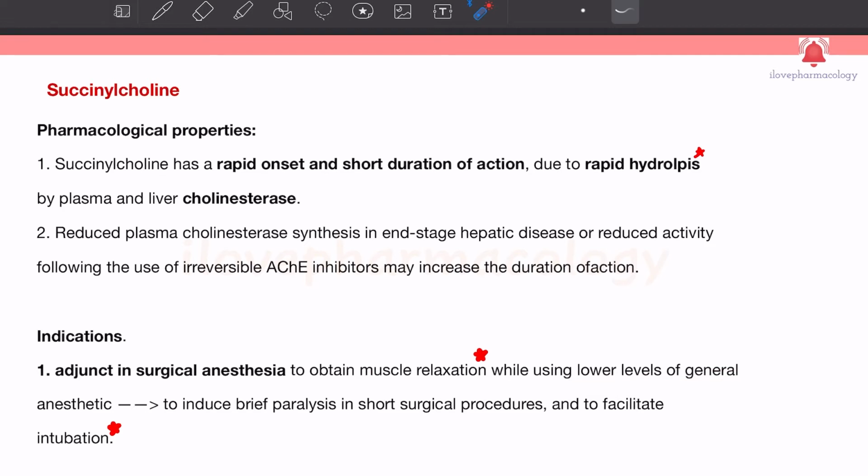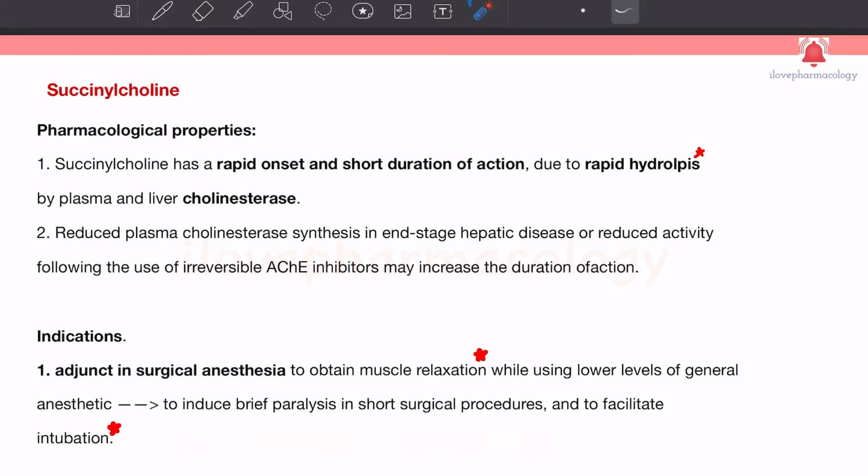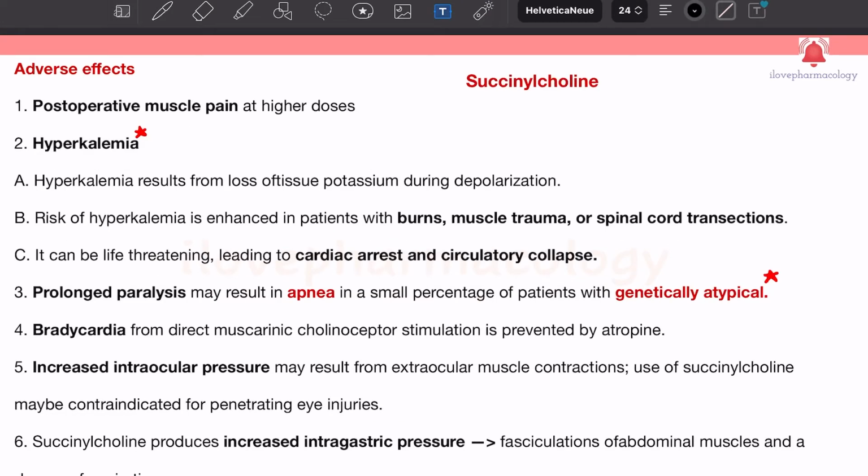So basically it is used to induce a brief period of paralysis in case of short surgical procedures, as well as to facilitate intubation, like endotracheal intubation, as well as in case of bronchoscopy, esophagoscopy, etc. So coming to the adverse effect profile of succinylcholine.